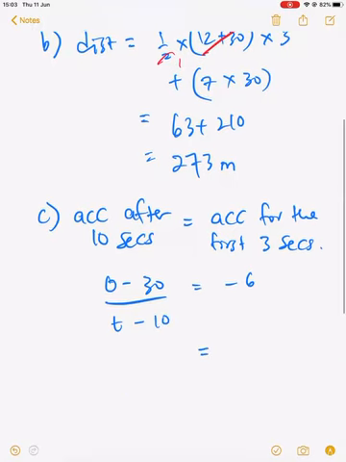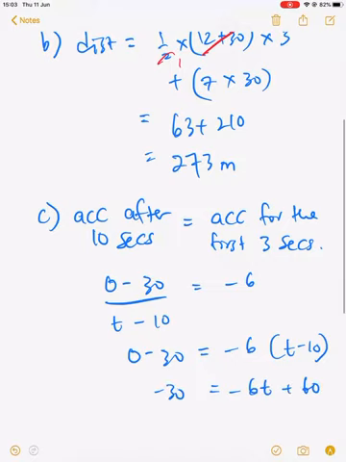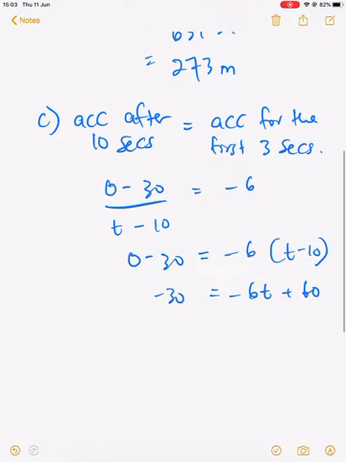So negative 6 (t minus 10) equals negative 30, negative 6t plus 60 equals negative 30, so negative 6t equals negative 90, t equals 15. So the value of t is 15.